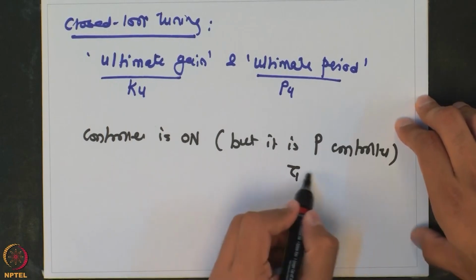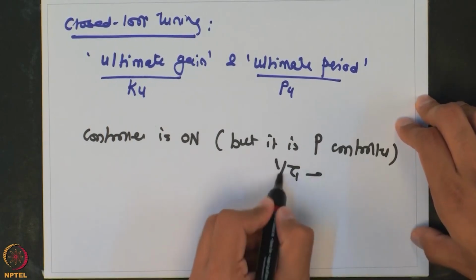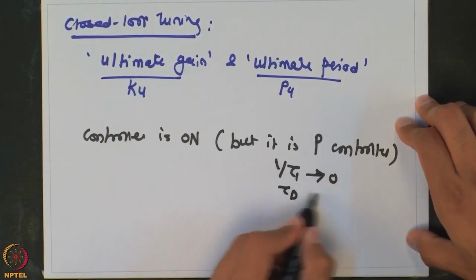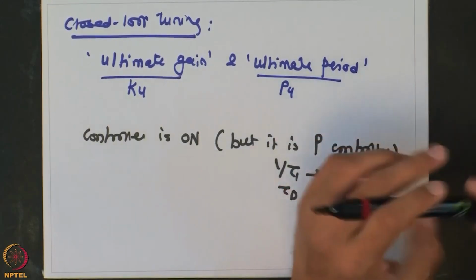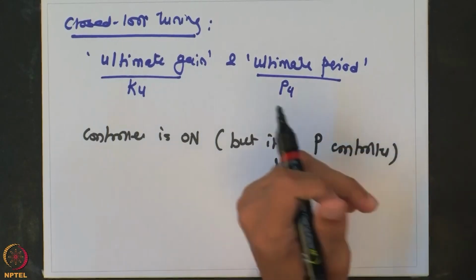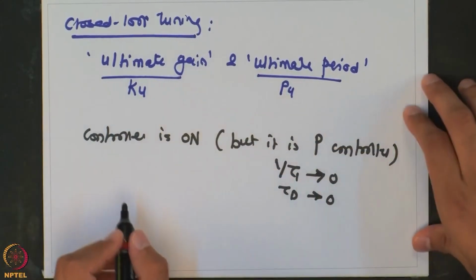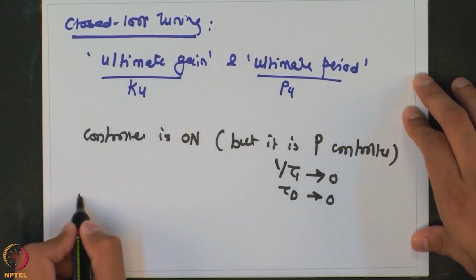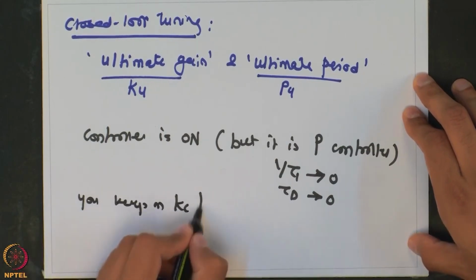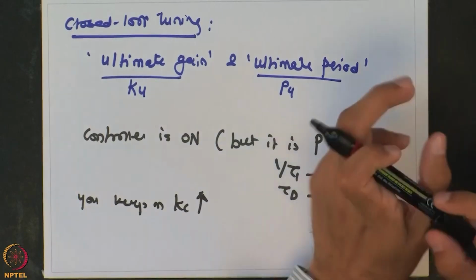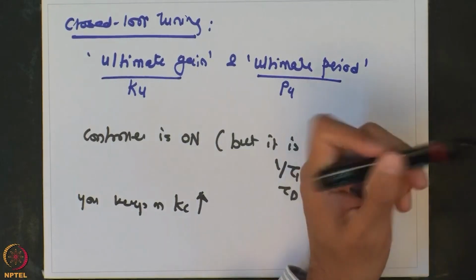So tau I, or 1 over tau I, is 0, and tau D is also 0. Only a proportional controller is used, so it will ensure that the system will remain stable, and you keep on increasing the gain of the controller.